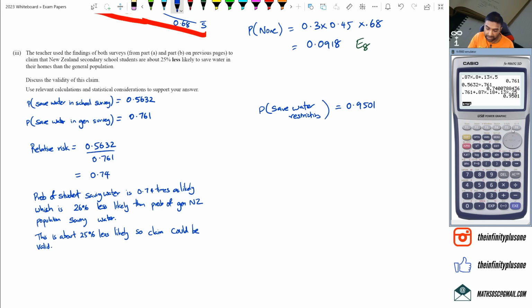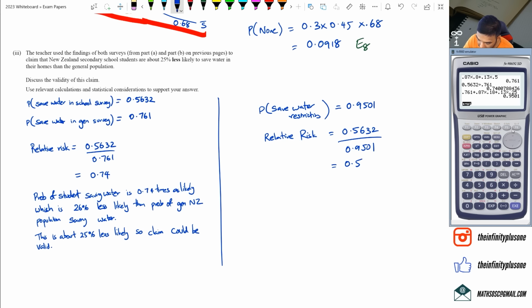Remember that this is the second situation here, for 0.9501. In the original equation we were just looking at saving water purely, but we could have a second situation where we're looking at probability of save water even when restrictions are on. So you're looking at the whole thing including the restrictions as well. So your new probability is going to be 0.9501. Now, like I said, this is another interpretation. So in this case, we're going to do a relative risk again, and the 0.5632 is still the same. It's still save water from the school survey, but from the general survey we went to 0.9501.